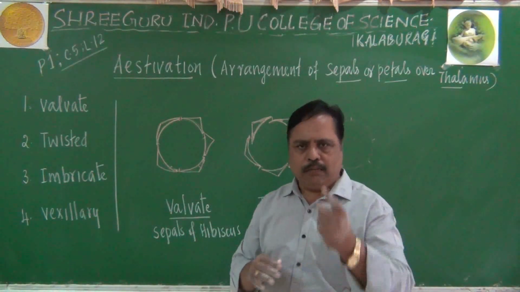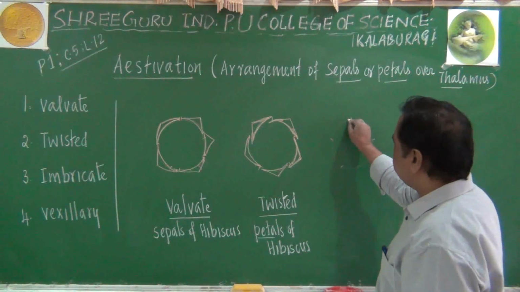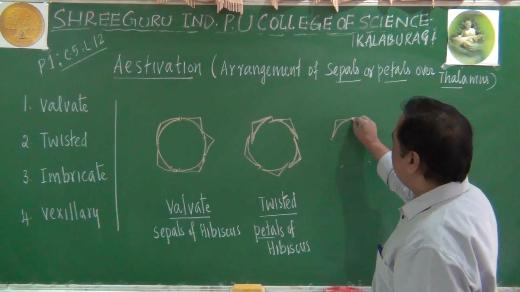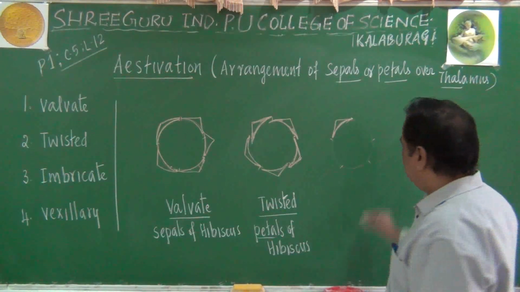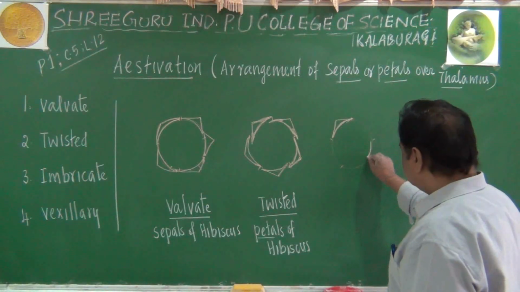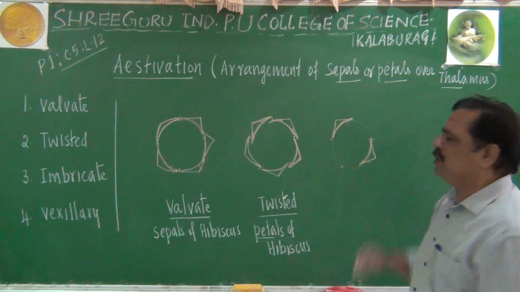For example, out of 5 petals, imagine one petal is completely outside. Another petal is completely inside, meaning both margins are inside.